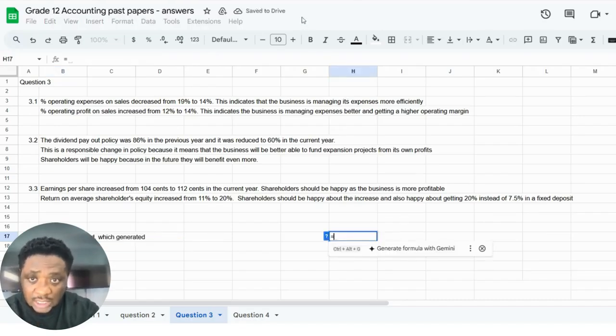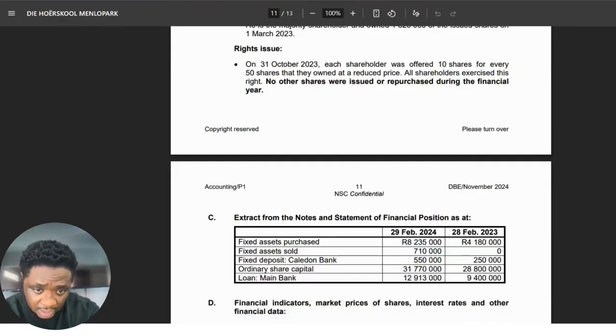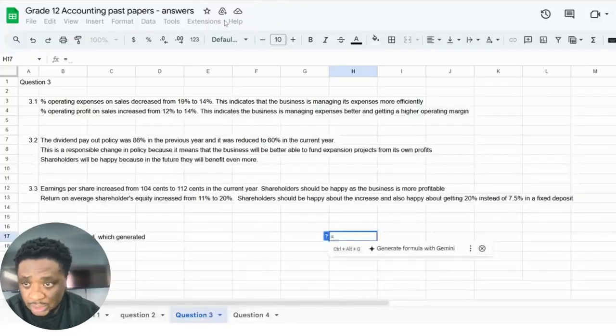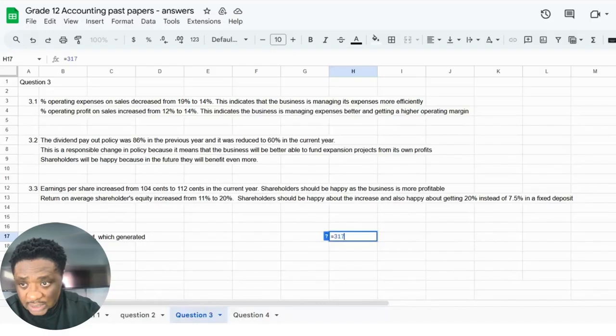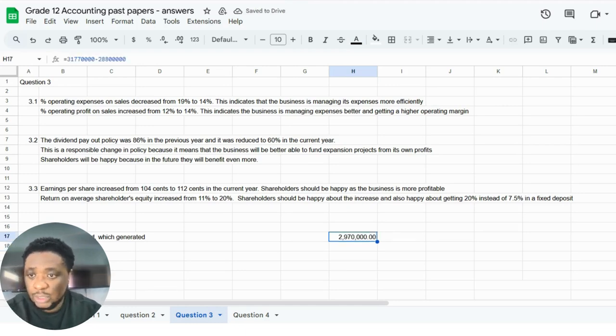If we look at the previous year, we had 28.8 million, now 31,770. So we're going to say 31,770 minus 28.8 million, so that you can see it gives us 2,970,000.